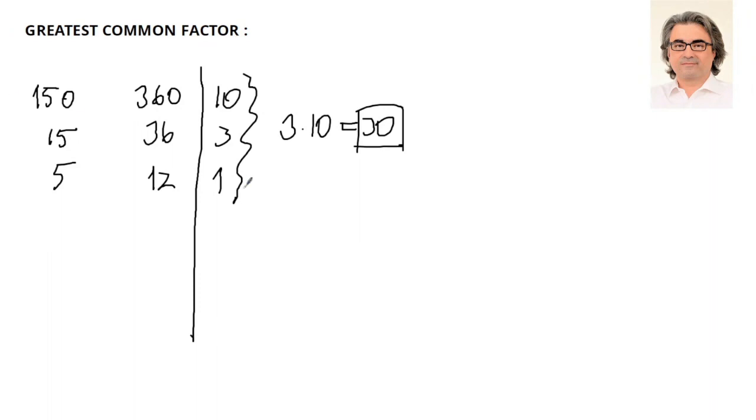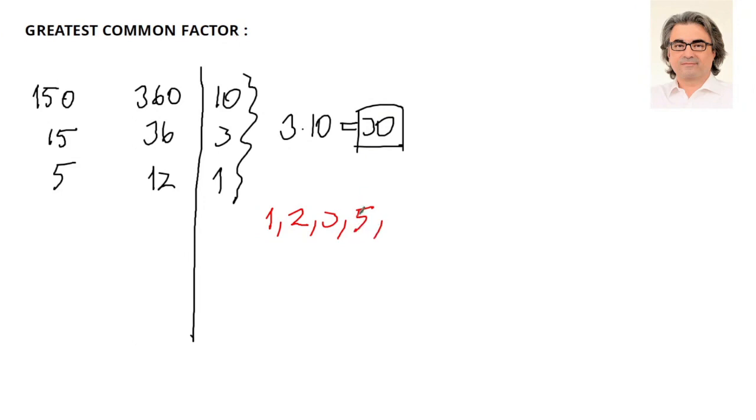1, 2, 3, 4 is not possible. 5. After 5, stop. 5 squared is 25. 25 is less than 30, so it's possible to write here. But after 5, 6 comes, and 6 squared is 36, greater than 30.